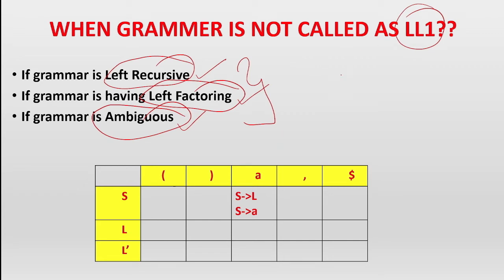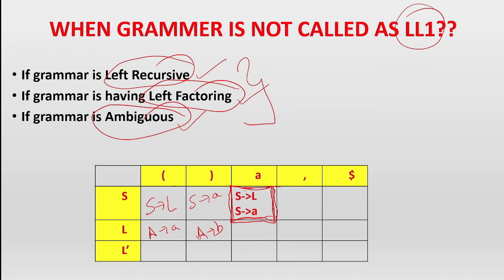And when you draw the parsing table, if in one cell only you are getting two productions, I'll tell you how we put the productions in the table shortly. But if you get more than one production in the same cell, then you call it not an LL1 grammar. You should have only one production in one cell.